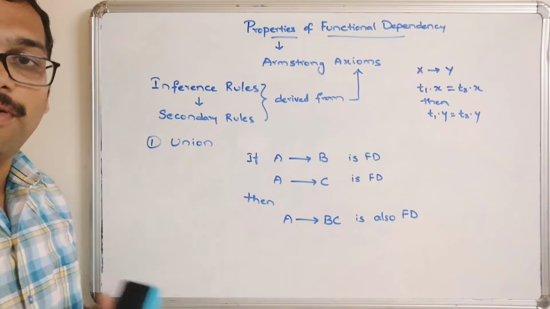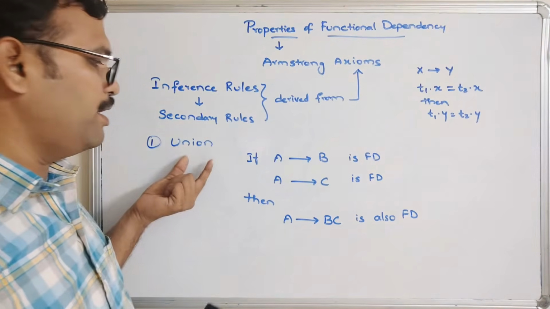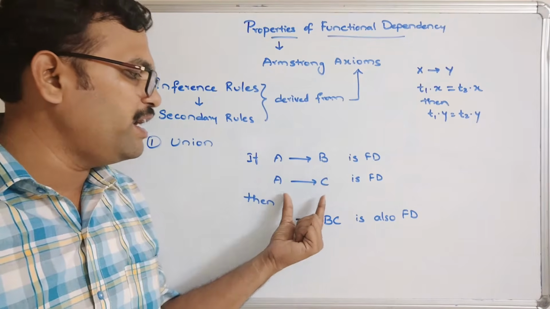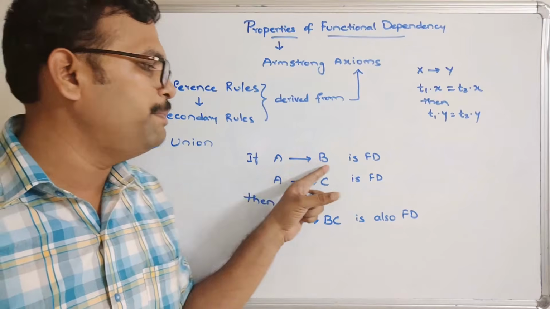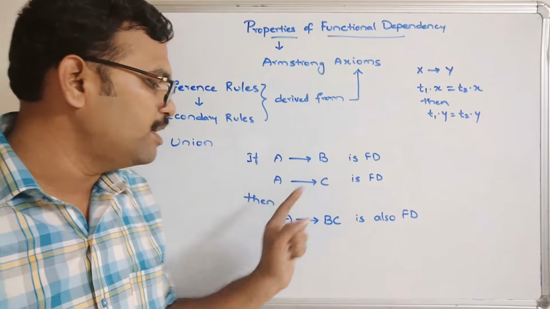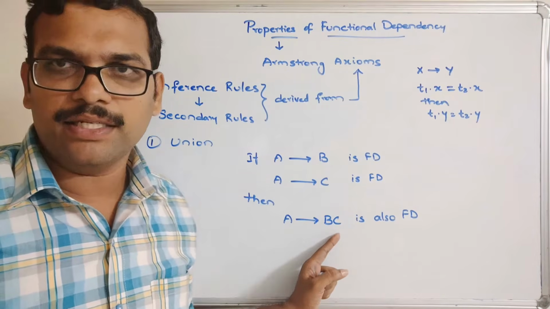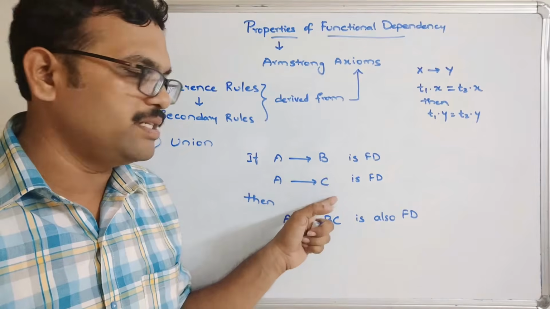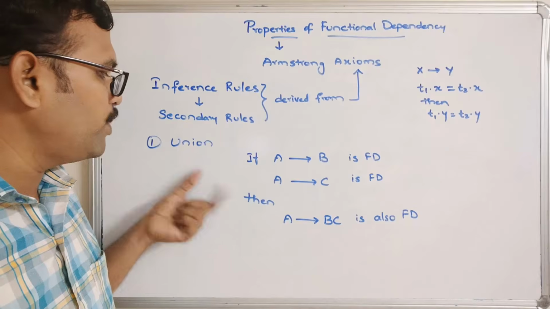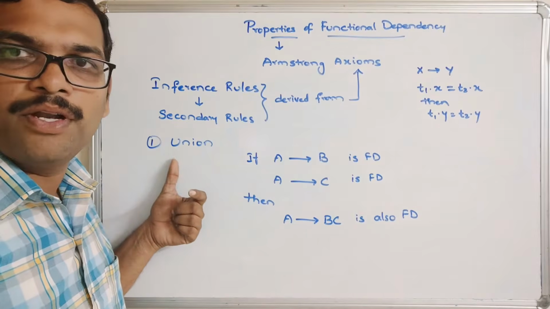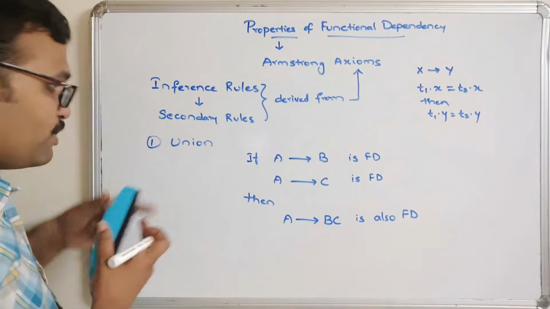This type of rule we call union. If you know A, we can get B. If you know A, we can get C. So if you know A, we can get B and C. You need not write two dependencies, so we can combine them. This type of property we call a union property or union rule.